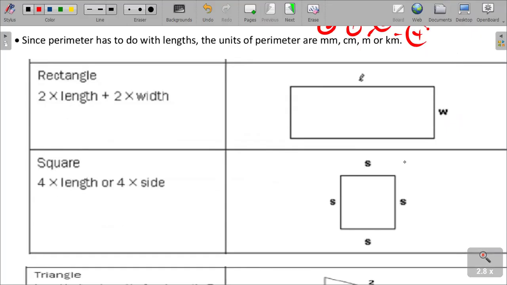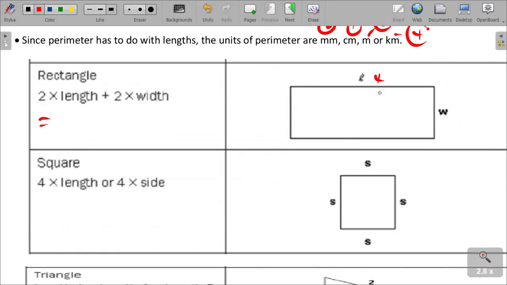Rectangle: the perimeter of a rectangle is equal to 2 lengths plus 2 widths, that is 2L plus 2W. What it means is that the lengths are the same.